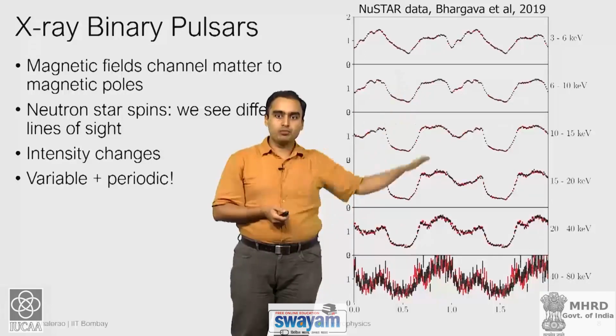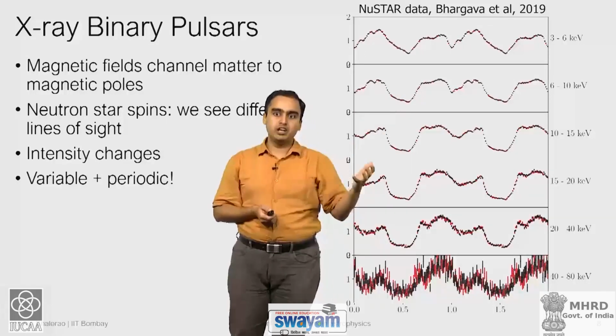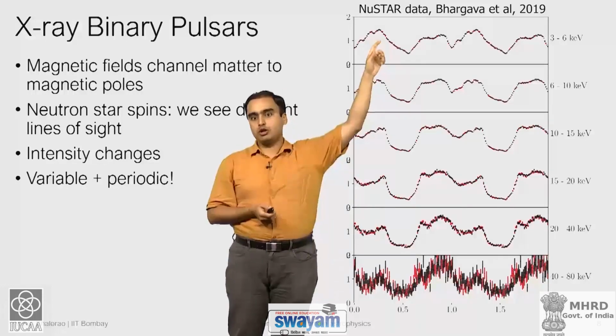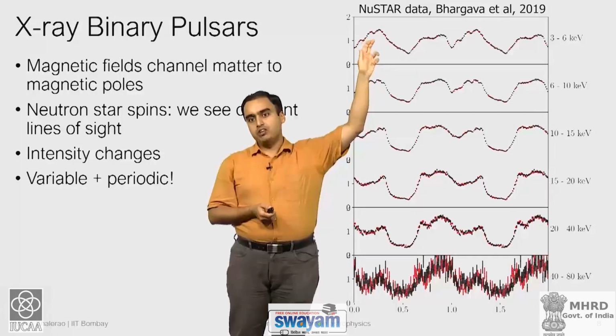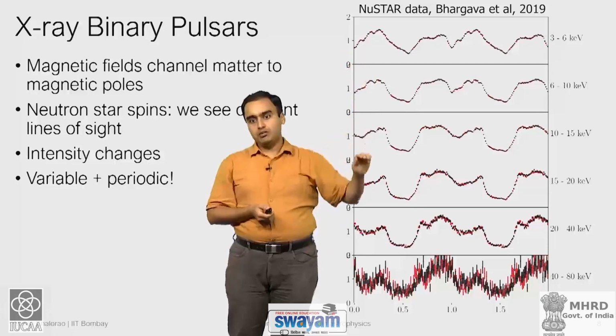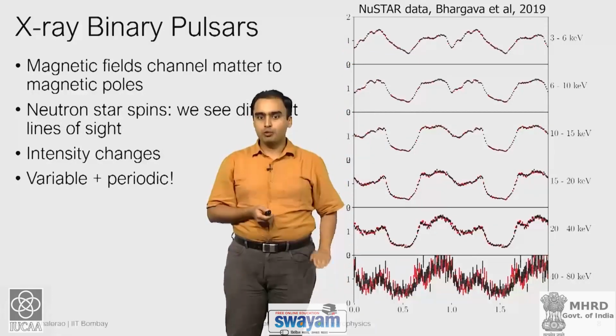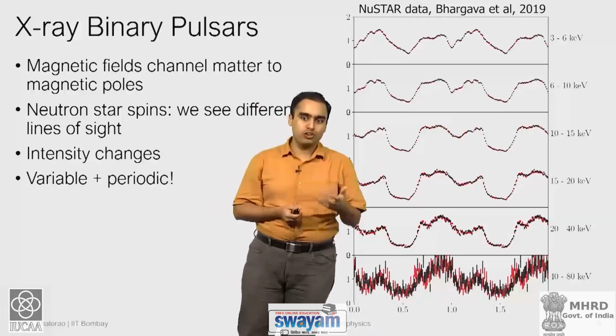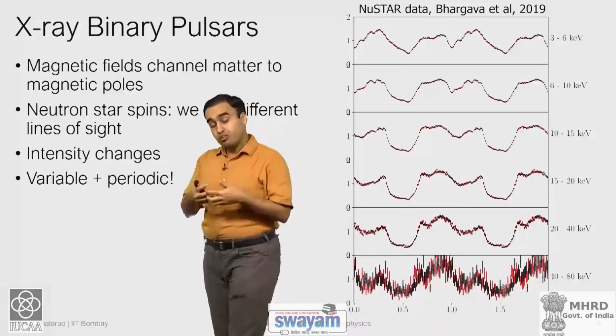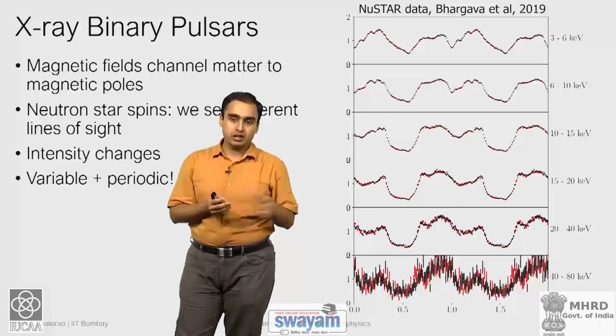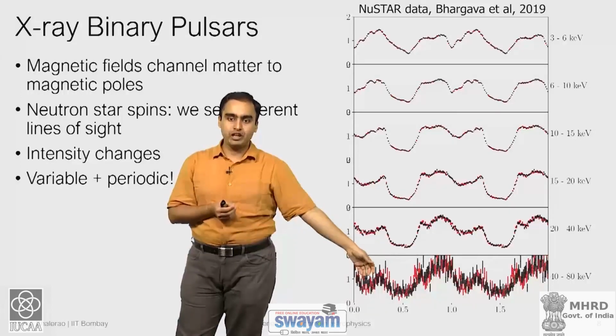These graphs which are plotted here are showing this intensity variation in different energy ranges. At the top I am plotting intensity from 3 to 6 keV, going on to higher and higher energies, whereas this bottom plot here, which you can see is a lot more noisy because the neutron star is actually emitting less radiation there, is at the highest energies of 4 to 80 keV.